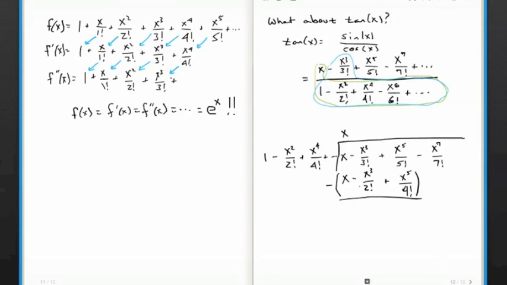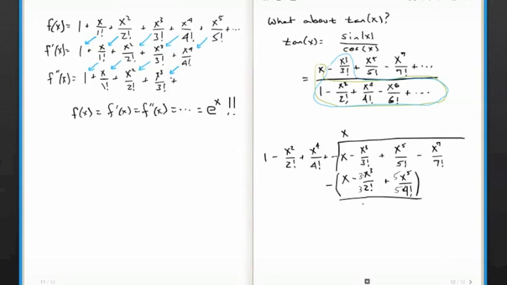So really this is just 3 times 2 factorial, and so that means I have to put a 3x cubed up there. Over here, the common denominator is going to be 5 factorial, which is really just 5 times 4 factorial, which means I have to put a 5 up here. And I can go back to my fat marker and say, this is x cubed minus a negative 3x cubed, which is really plus 3x cubed.